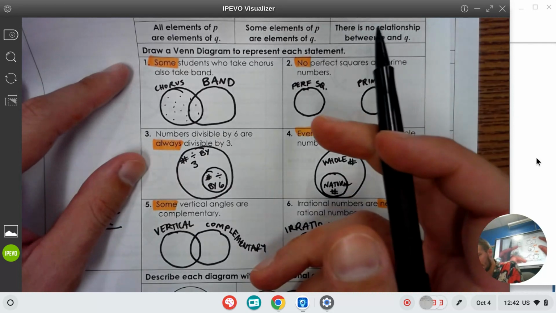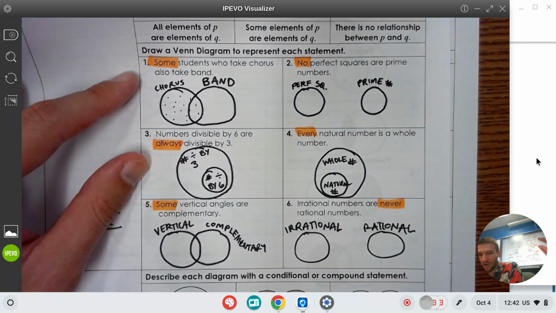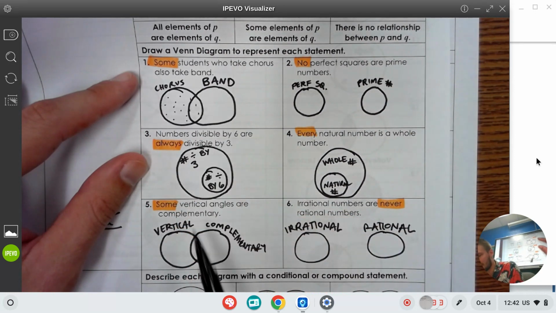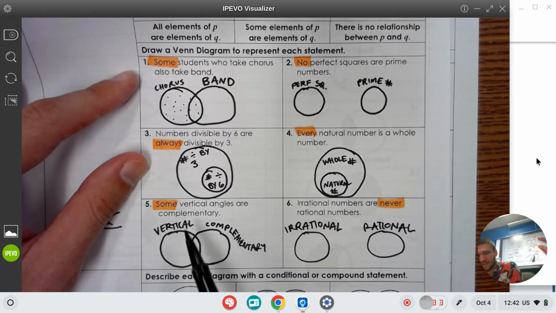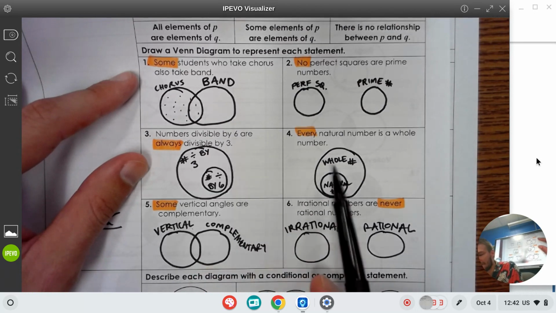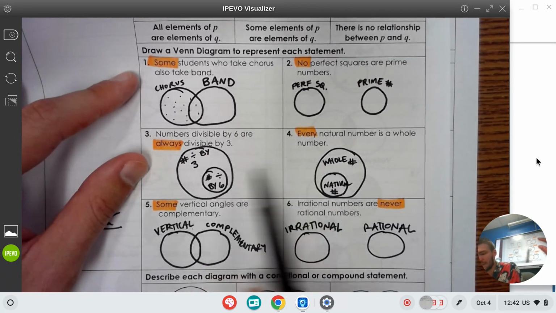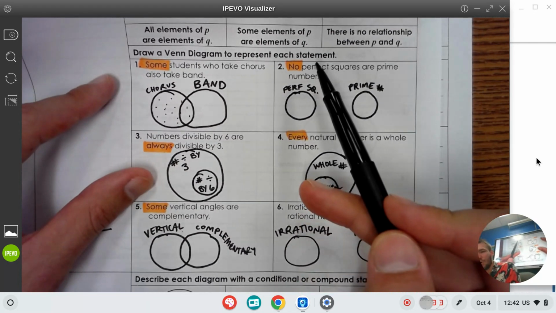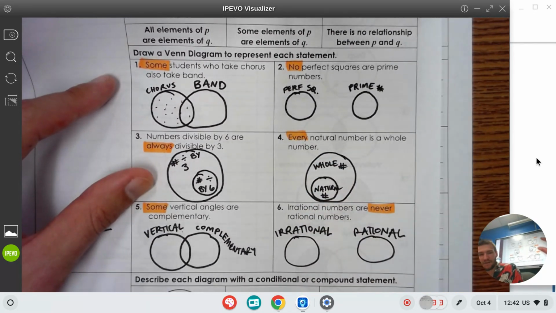And importantly, we wanna use words like some, if there's some overlaps, always or every, if it's a full circle inside of a circle type situation, or no, none, never, if they're totally separate.